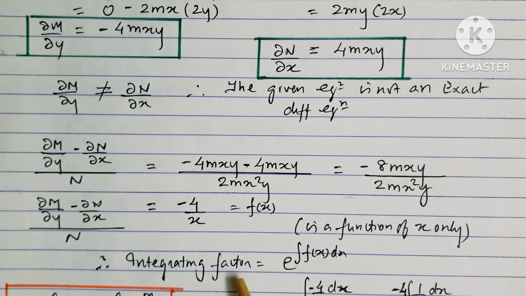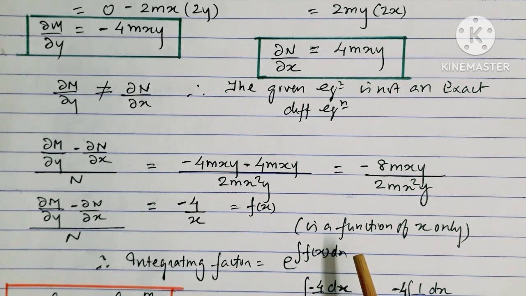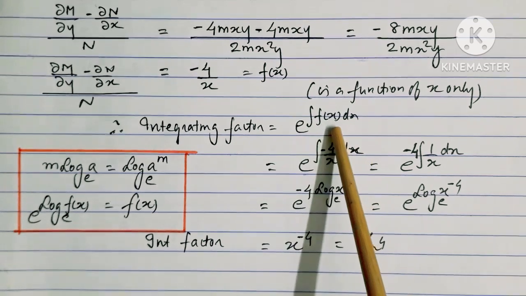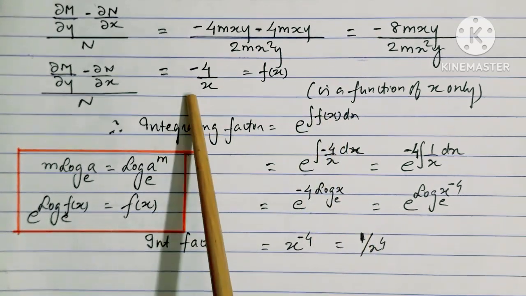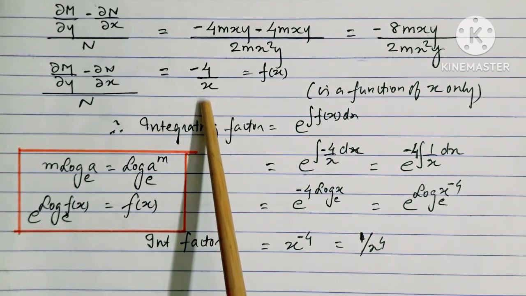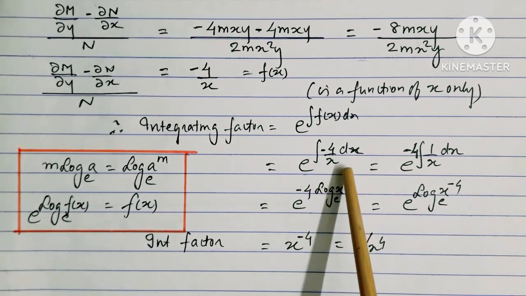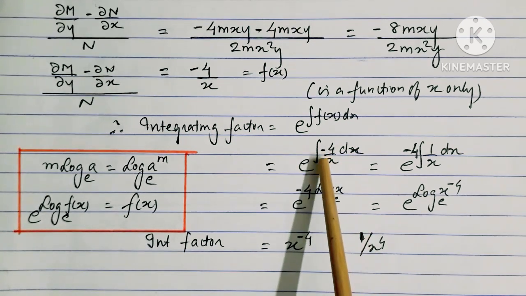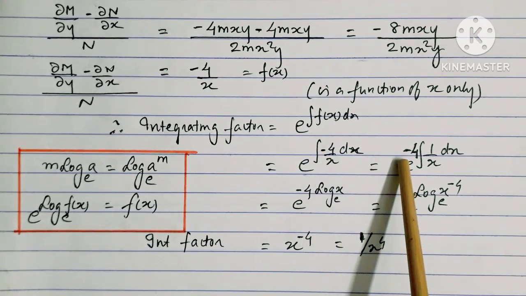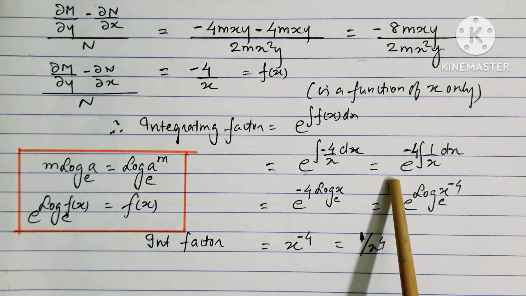Therefore, the integrating factor is e raised to integral f of x dx. Now, let us substitute f of x, which is equal to minus 4 by x. So the integrating factor would be e raised to integral minus 4 by x dx. Now minus 4 is a constant and we can pull it outside the integral sign.